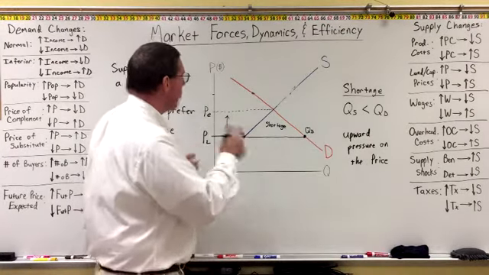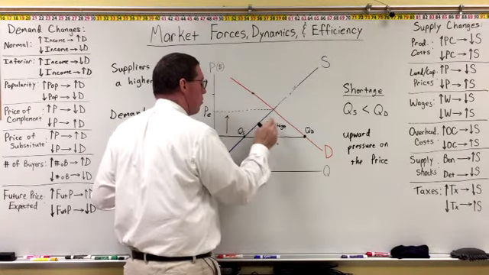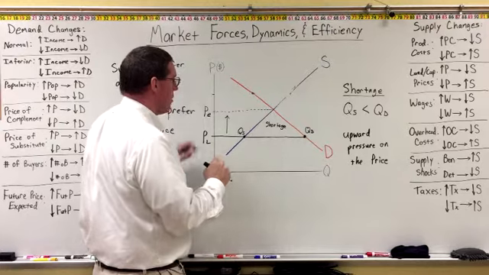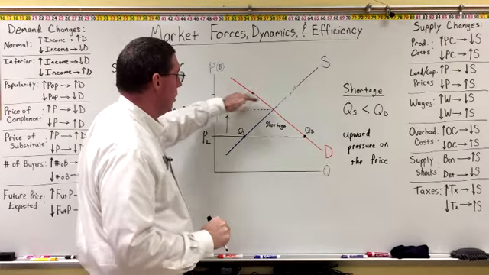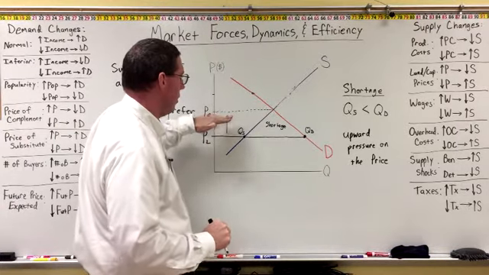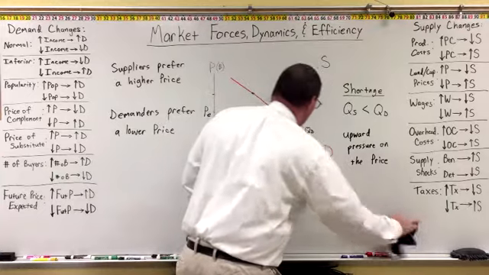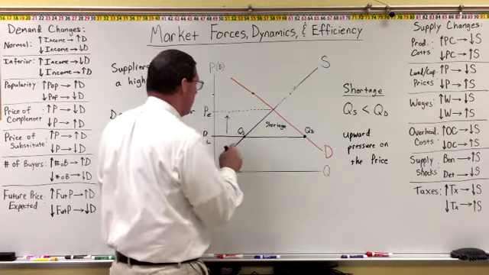And so in either case, it's downward pressure in a surplus and upward pressure in a shortage in the market. And in all cases, it is always pressure to return to equilibrium.